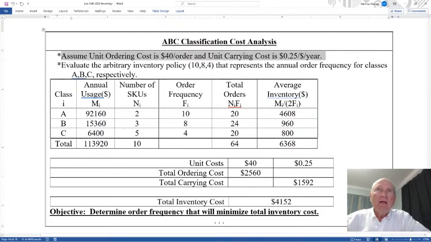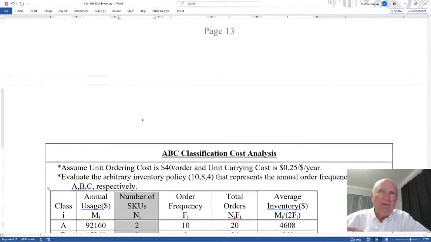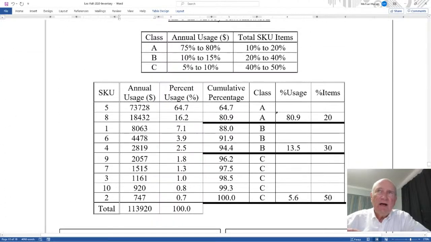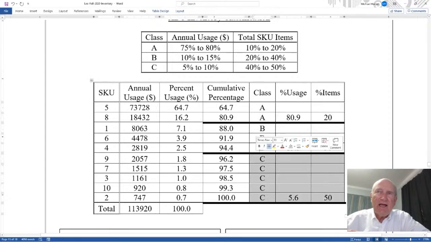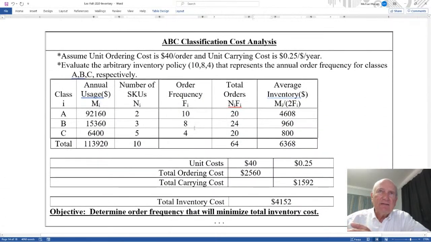Dollars. Okay, now what I'm doing here, I have the SKU, and the classification is 235. What I mean by classification 235 is I have 2 items in the A class, 3 items in the B class, 5 items in the C class. So 2 items, 3 items, 5 items, that's my classification. So my class is 235.